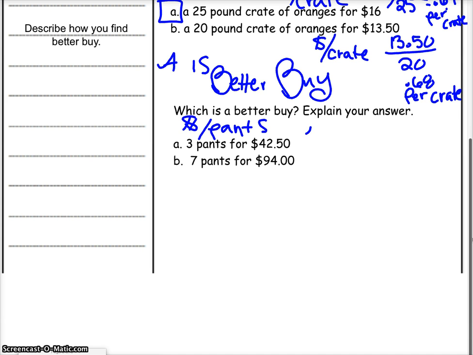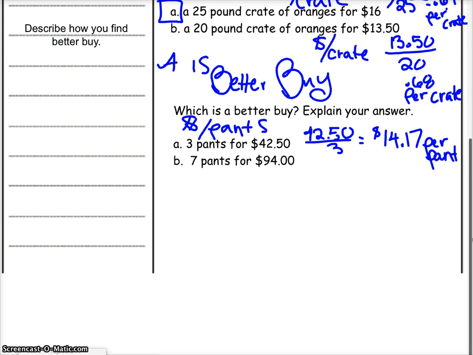So I'm going to go $42.50 over 3. And that is $14.17. Remember, this is money, so don't put repeat. Money is dollars and cents. It only goes to 2. So it should be $14.17 per pant.